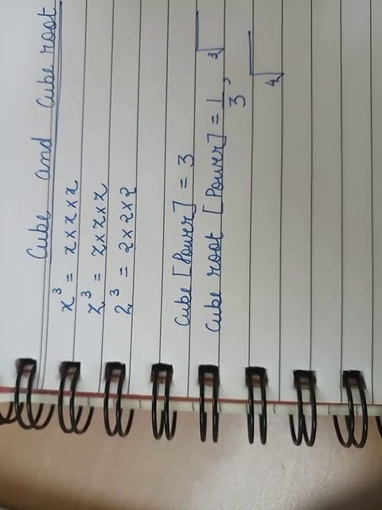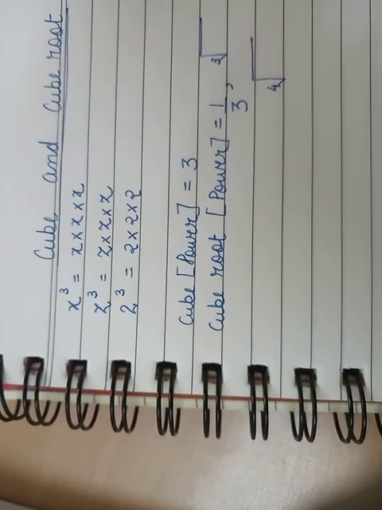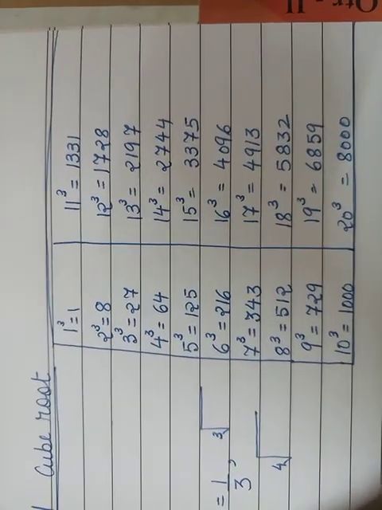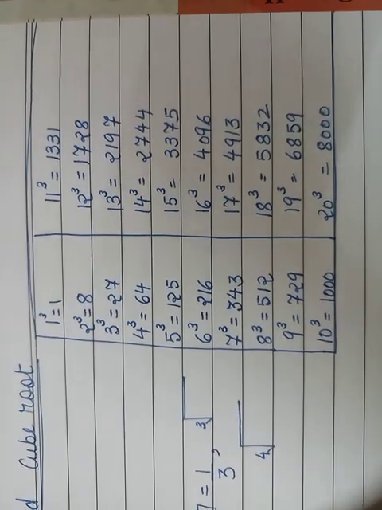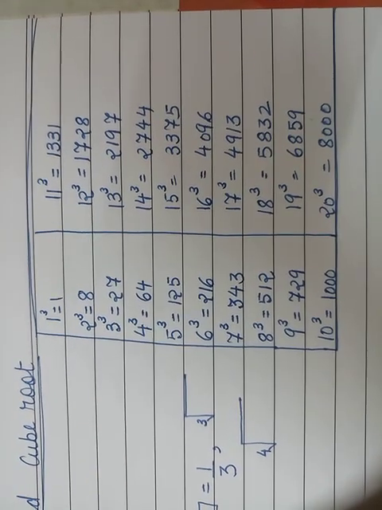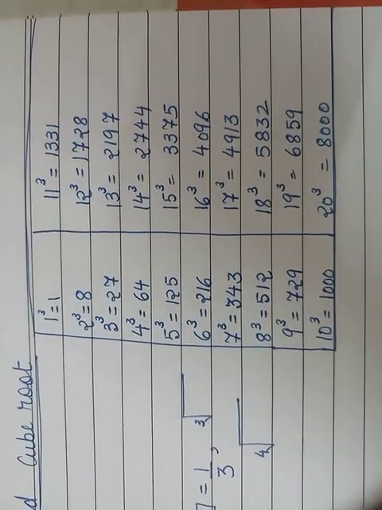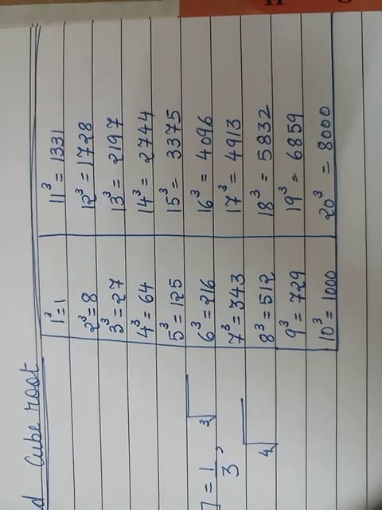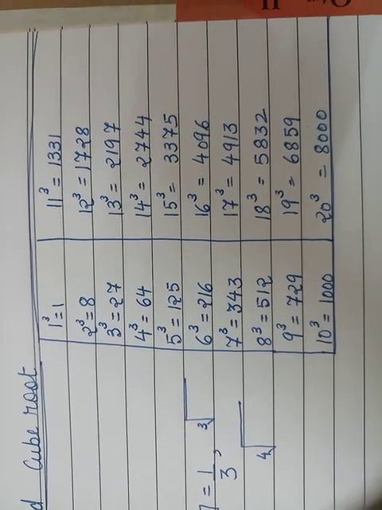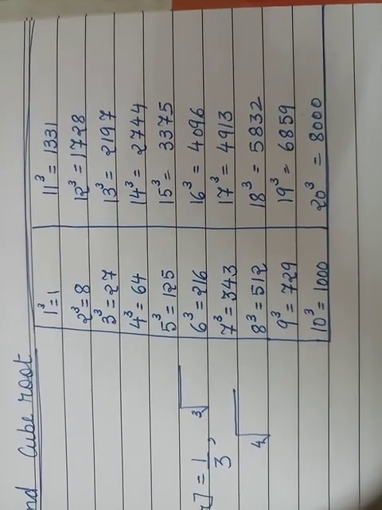That makes our calculation easier. So I have written the cubes of numbers from 1 to 20. Before you start doing the exercise, do write the cubes of the numbers in your fair copy.